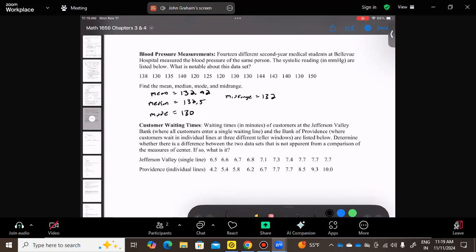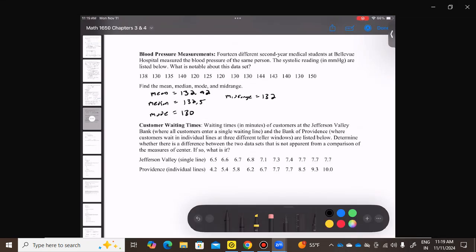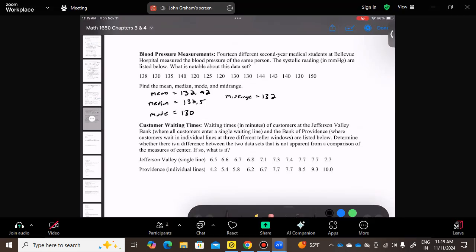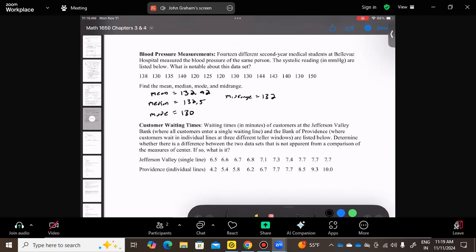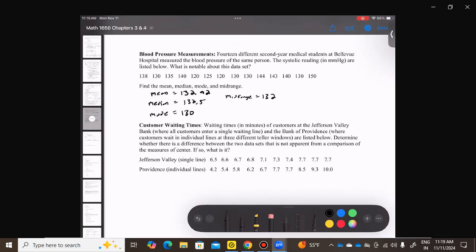Whereas Providence Bank, each teller has their own line, so there's individual lines, and you have to choose what teller before you enter a line. And these are the times of waits that have been recorded.